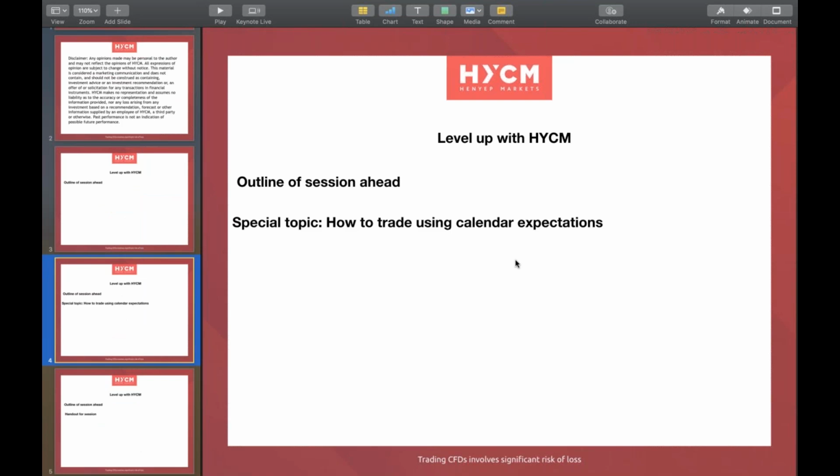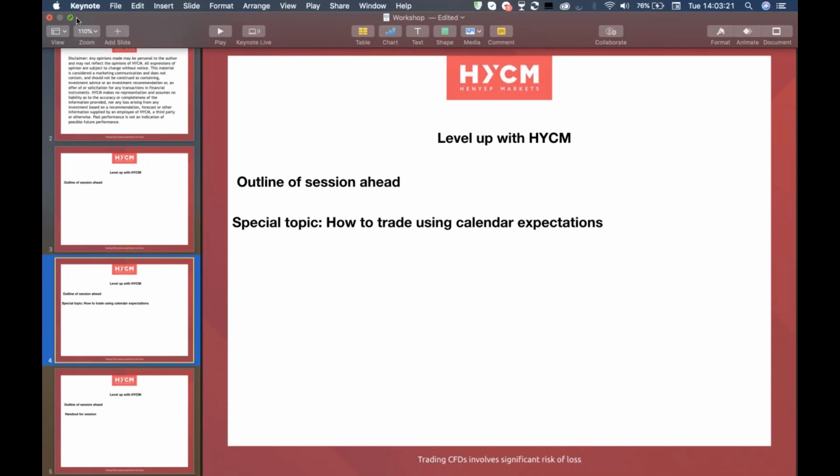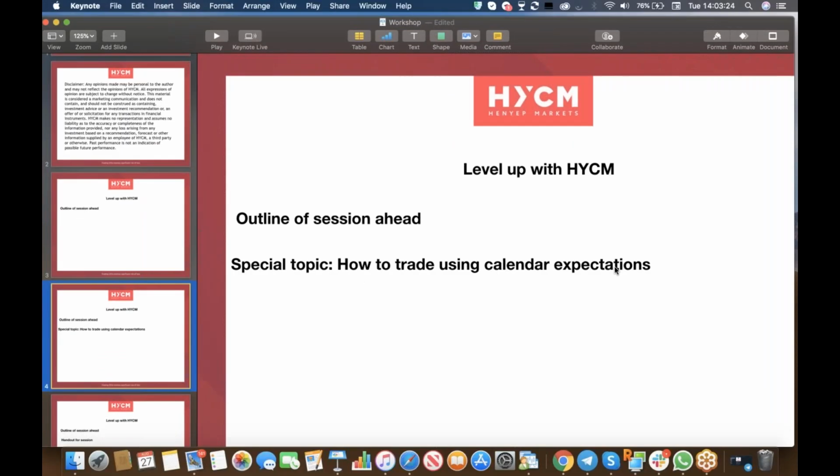The special topic we're looking at today is how to trade using calendar expectations. Each time there's a calendar, you have the expectations of various data releases. Sometimes you can have a good sense of where a currency is going to go just on those calendar expectations, just on what's expected to come out for a currency. I'm going to be showing you a way of how to use that so you can find trades early in the week.